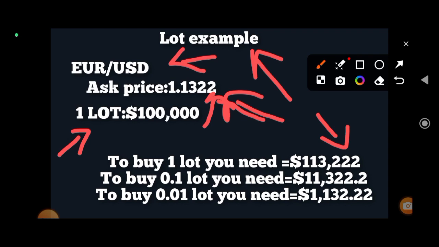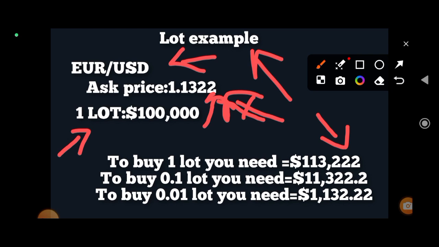So to buy a 0.1 lot, you need $11,322, and for you to buy a 0.01 lot, you need $1,132. I hope you guys understand.